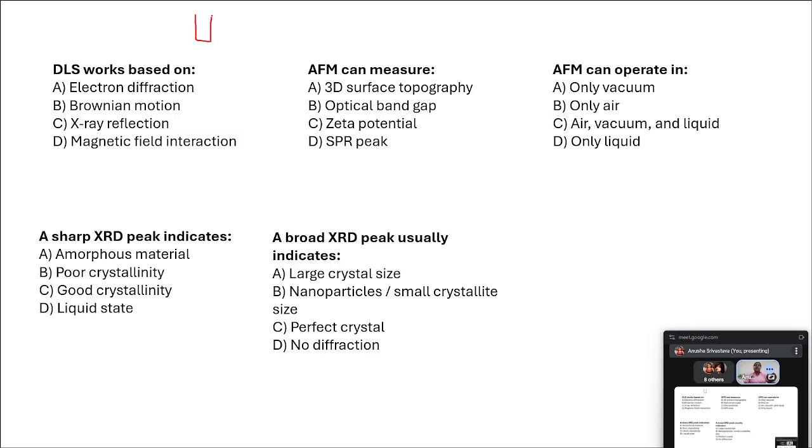This is your sample cell, the laser would fall on it, there would be scattering, there would be Brownian motion of the particles, and this laser would be scattered. Right? Atomic force microscopy we have also seen. So, AFM can measure. Try answering this one.